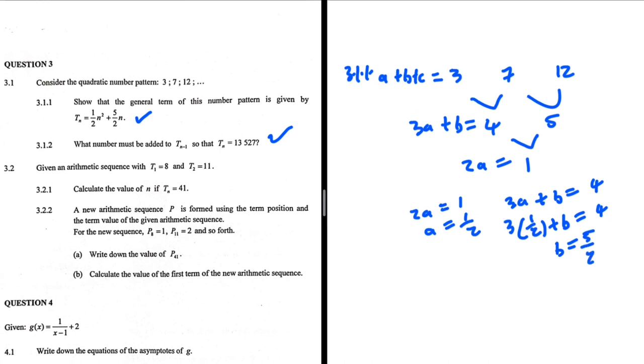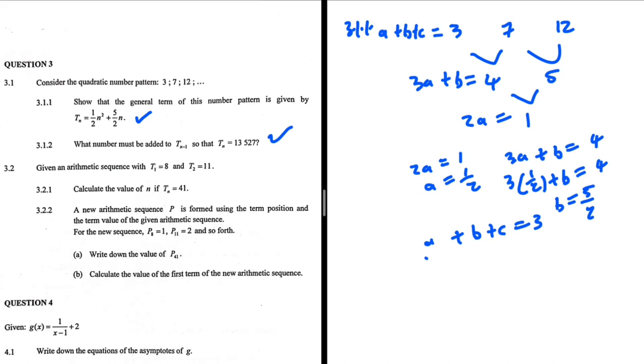So we have b. Let's go to c. A plus b plus c is equal to 3. A is a half and b is 2.5, plus c is equal to 3. It should be easy to see that c is equal to 0. 3 minus 2.5 minus 0.5 will give you 0.